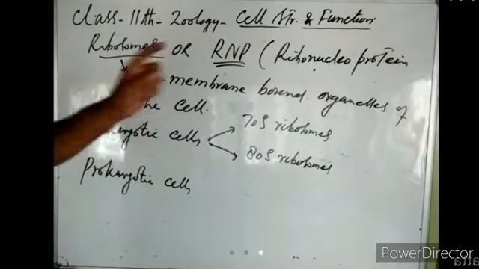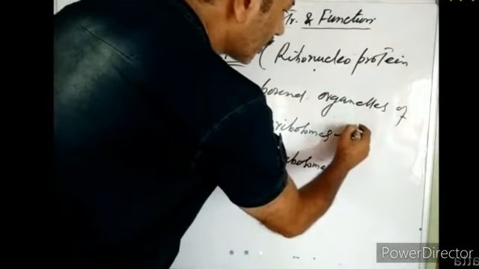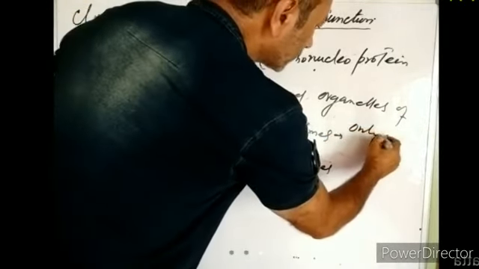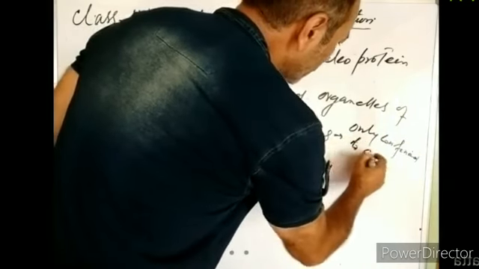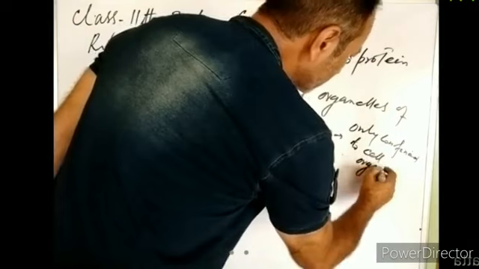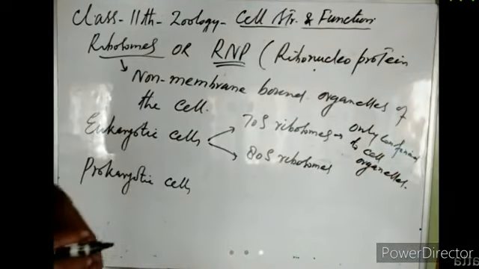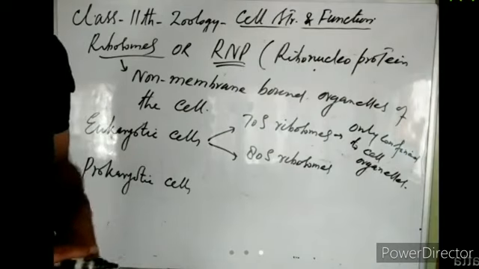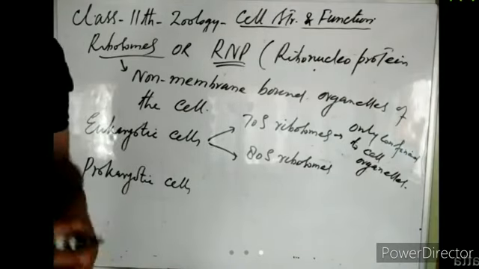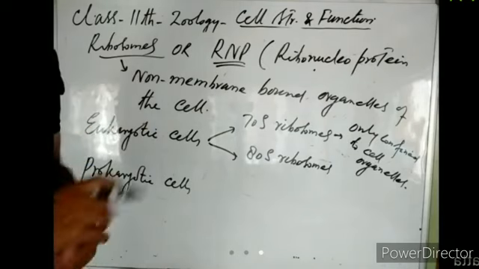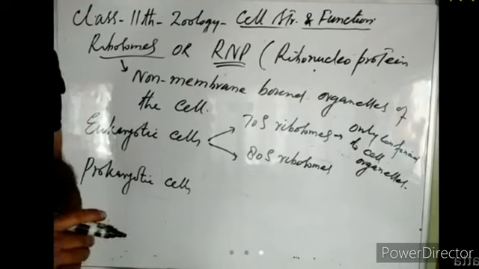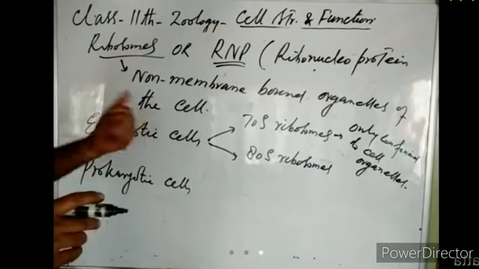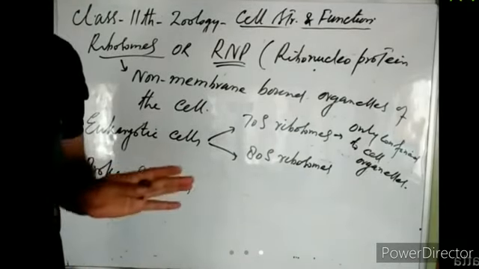In eukaryotic cells, 70S ribosomes are only confined to certain cell organelles. They are not found free in the cytoplasm.